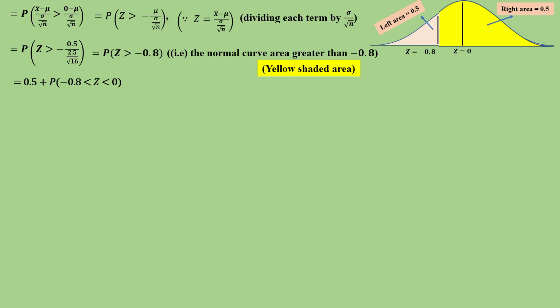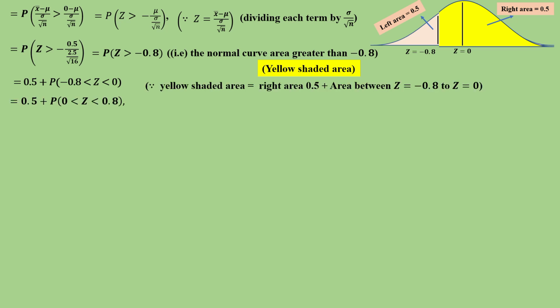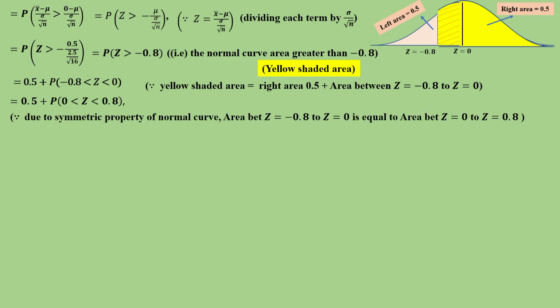So the total right side area 0.5 plus the area between minus 0.8 and 0. That can be written as 0.5 plus probability of 0 less than Z less than 0.8, because the normal curve is symmetric and the negative side area is equal to the positive side area. That is the property we are using.